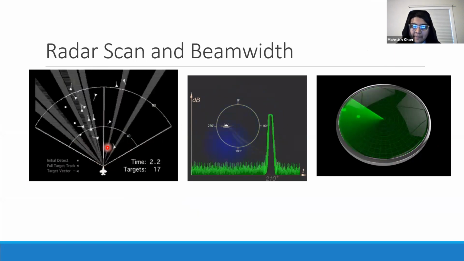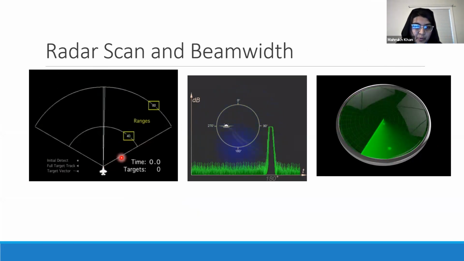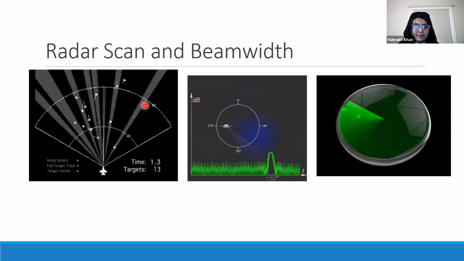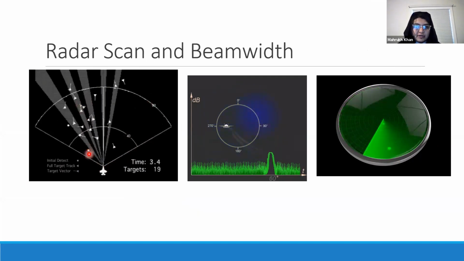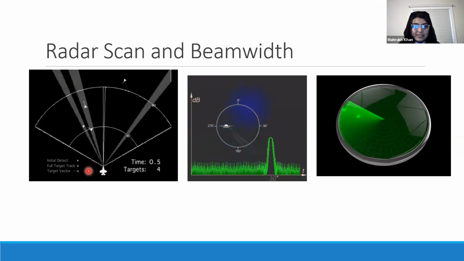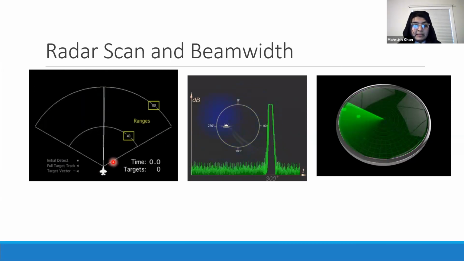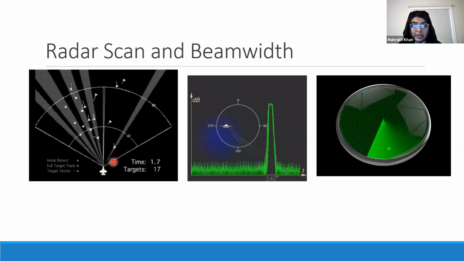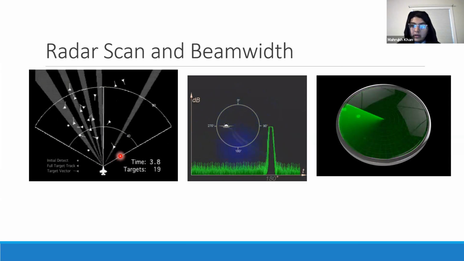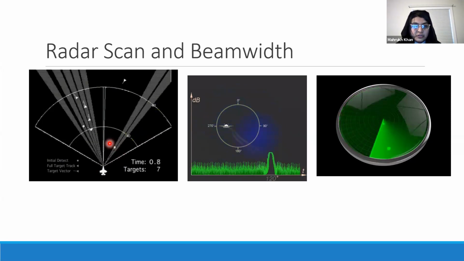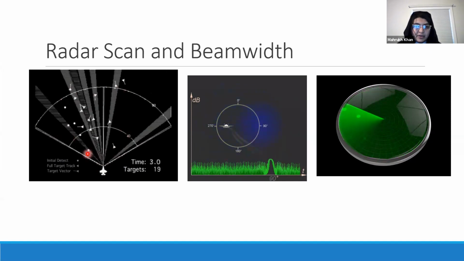It's not exactly the case of the airport, but they are sending different beams to see different targets. You can see these are very, very narrow beams. And the narrower the beam, the more targets it can resolve. That's why we can see many targets.